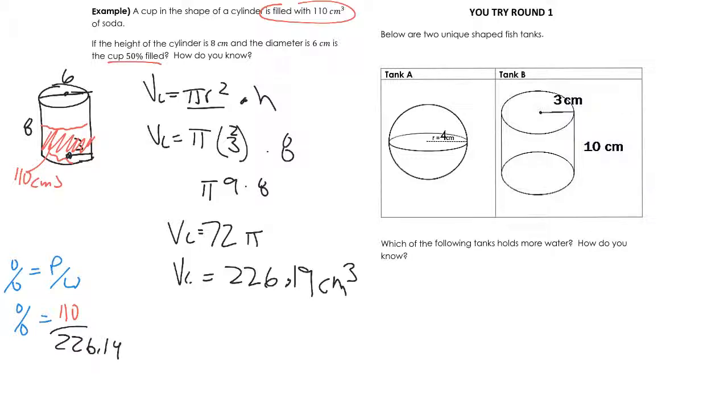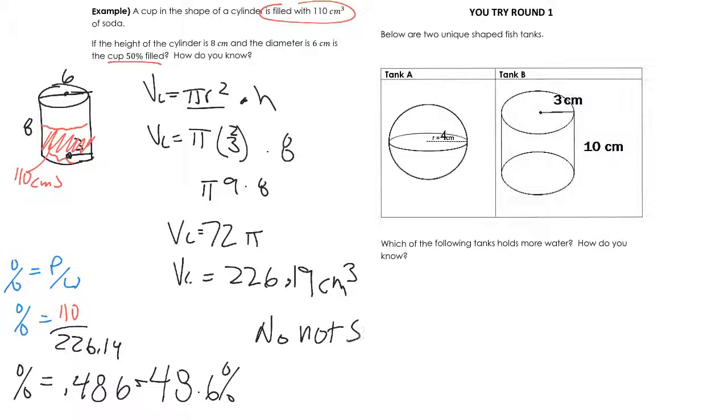If I type that in my calculator, my percentage is 0.486 or 48.6%. So no, it is not half full. It's 48.6. But it's not half full, so I just want to be accurate.